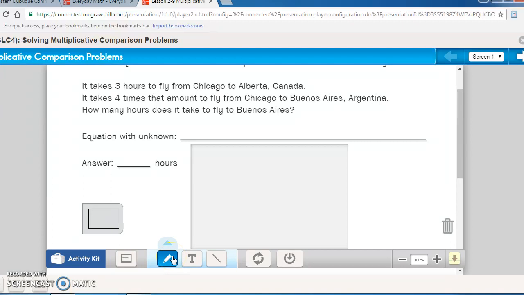What we can do from that is we can write the equation 4, because 4 times the original 3, equals h. That's our unknown. We want to know how many hours does it take to fly to Buenos Aires. So for the hours, I decided I'll just write h in place of it. What's my answer? Well, 4 times 3 equals 12.